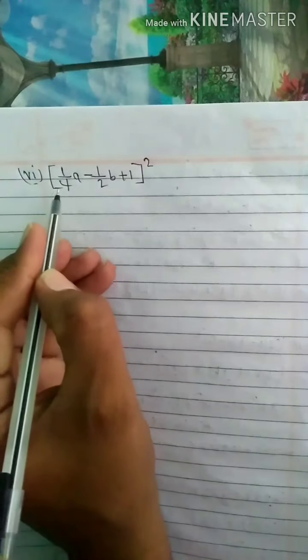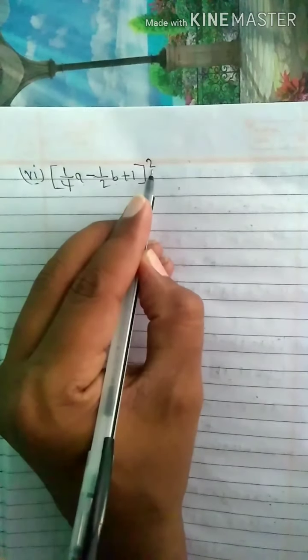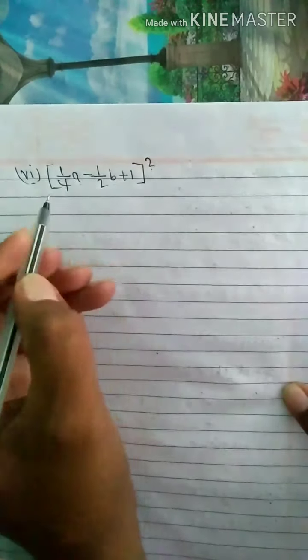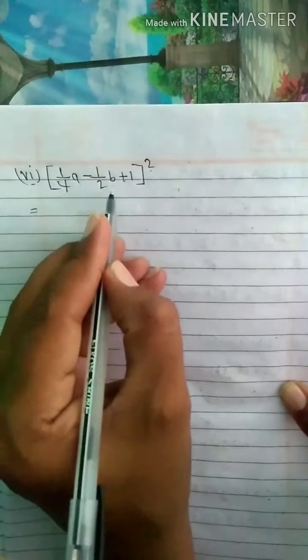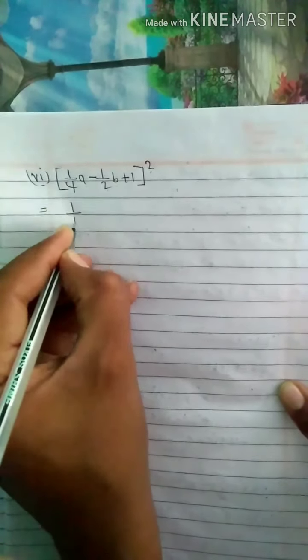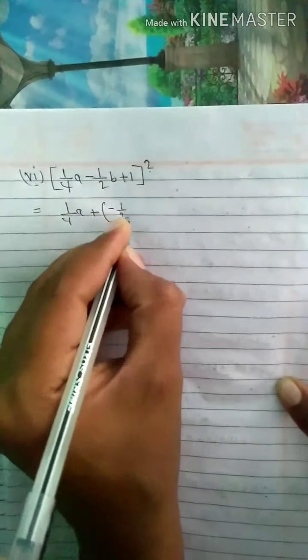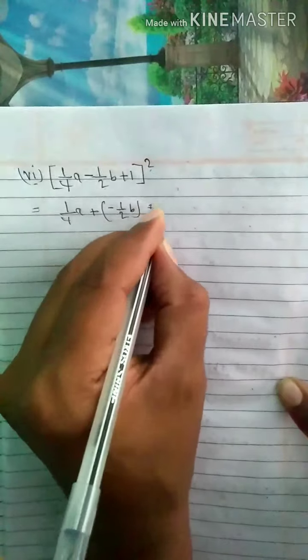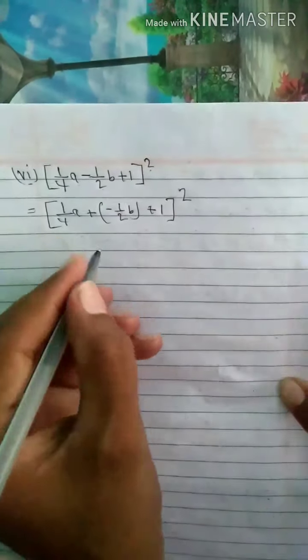See the sixth part, (1 upon 4a − 1 upon 2b + 1) whole to the power 2. So again here we will convert into (a + b + c) whole to the power 2. So we can write (1 by 4a + (−1/2 b) + 1) whole to the power 2.